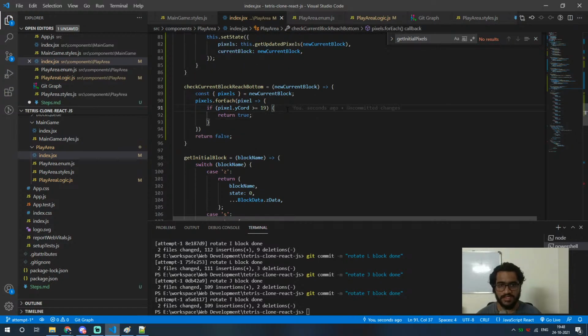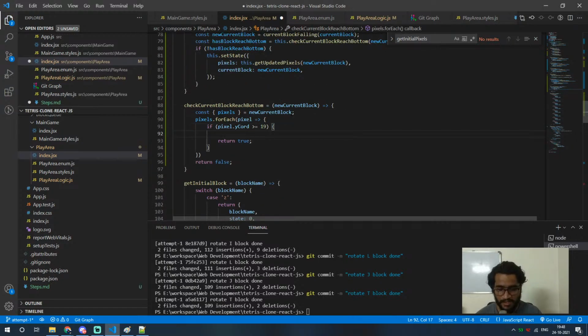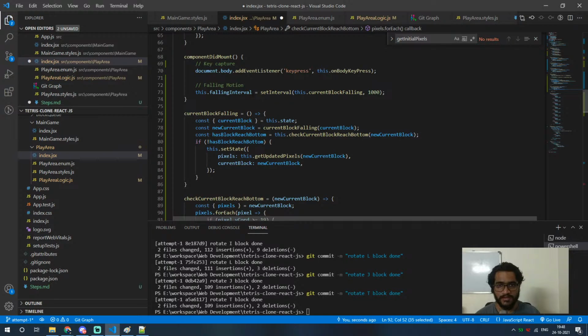Another thing that we need to do is, whenever some block has reached its bottom limit, we have to clear the interval.